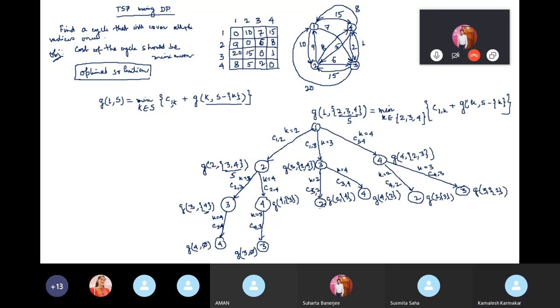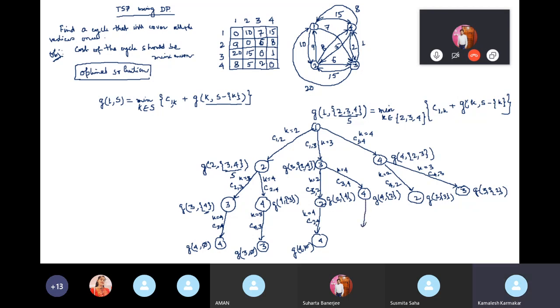Now from this position the next vertex is 4, so the function is G of 4 comma null. Here k equals 4 and the cost is 2, 4.